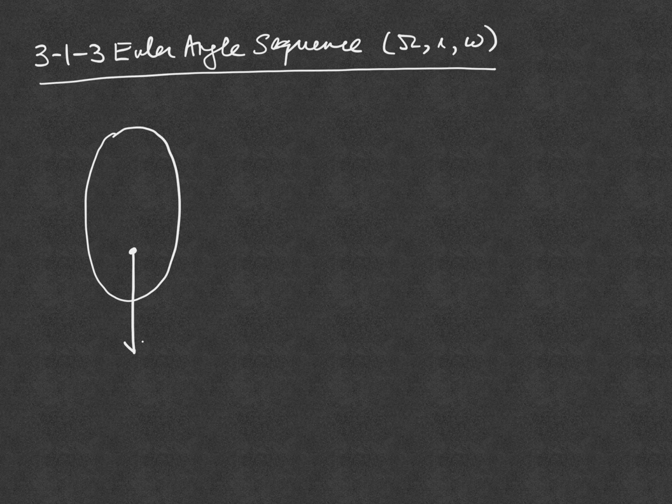This direction right here is Ix. This direction is Iy, and then Iz is out of the page. This is before I do any rotations. And now I'm going to perform that first rotation. So when I perform that first rotation, my ellipse goes into this configuration as I've shown here.